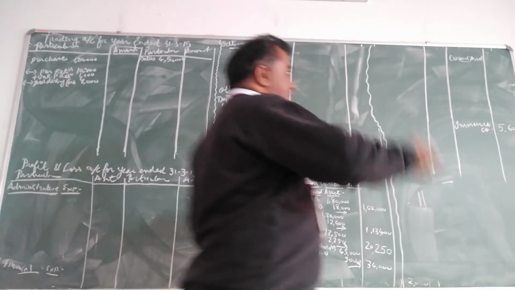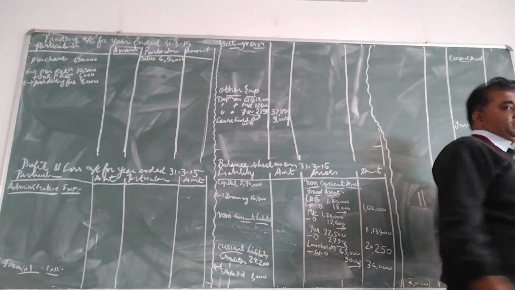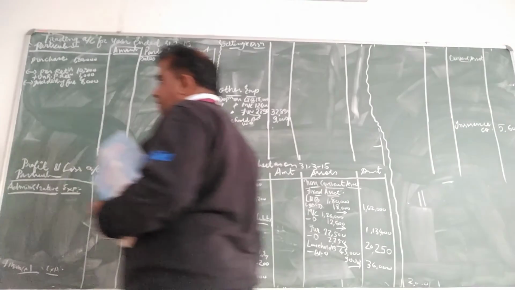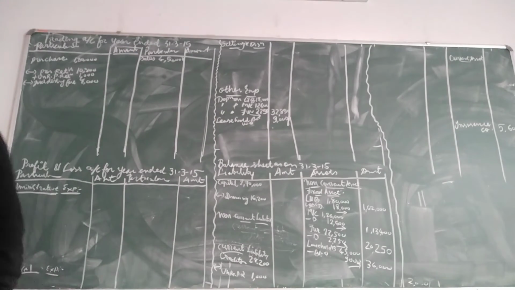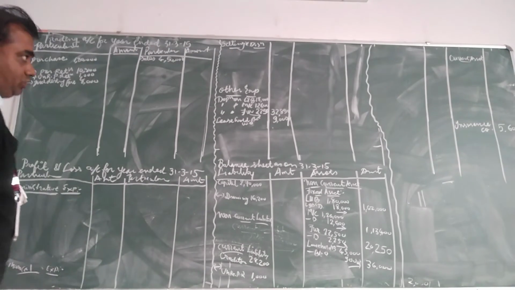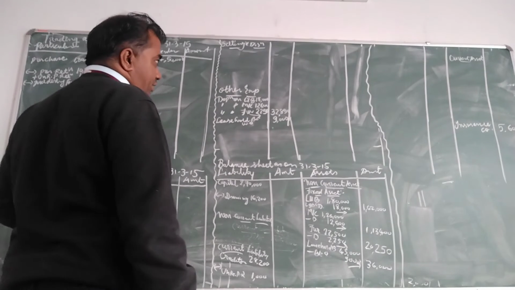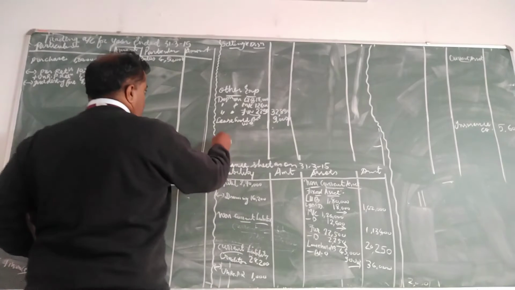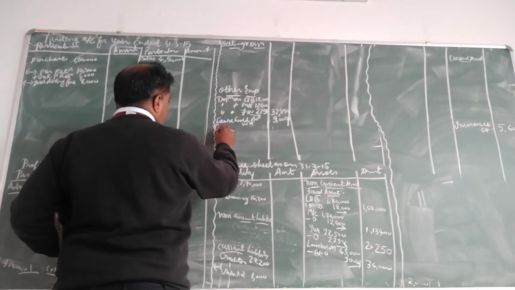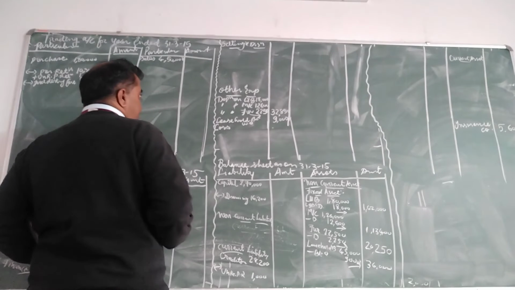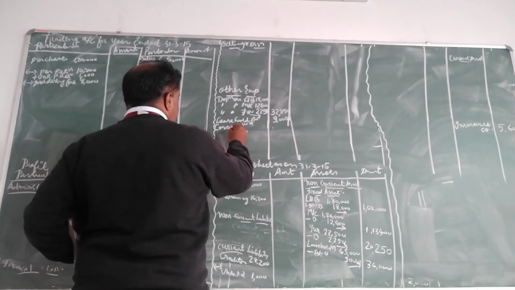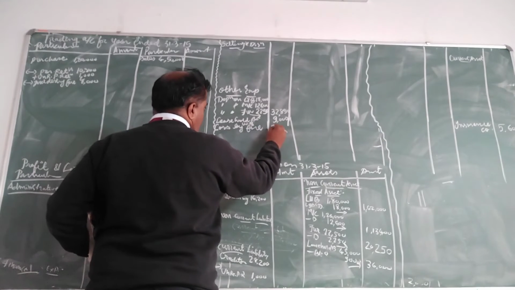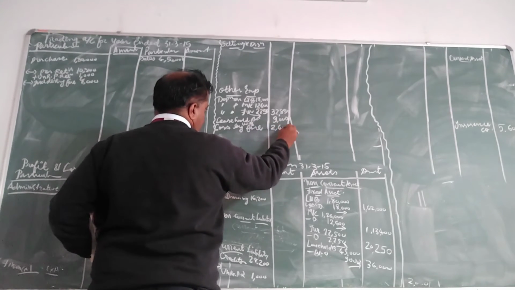An insurance company has accepted the claim of 5,600. So 8,000 minus 5,600, the remaining is considered as loss due to the fire. So 10 minus 6 is 4, 7 minus 5 is 2. So 2,400 loss by fire. So here in the profit and loss account debit side under the head other expense, we write loss by fire 2,400.